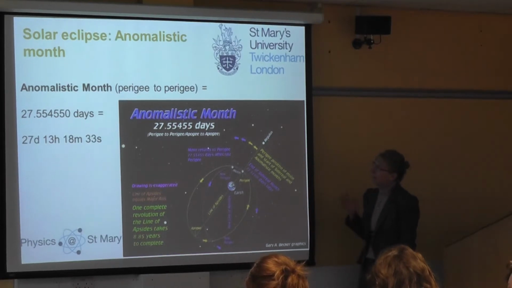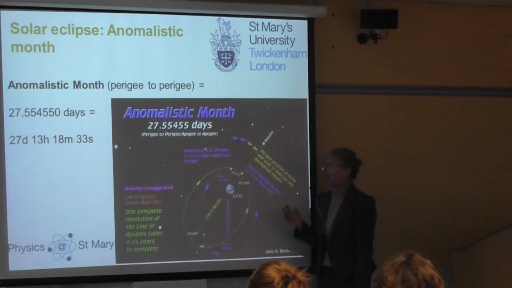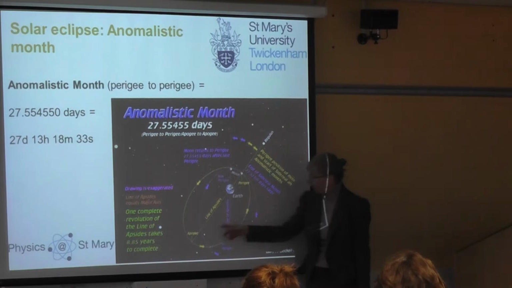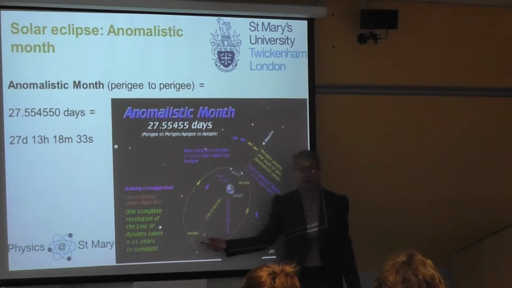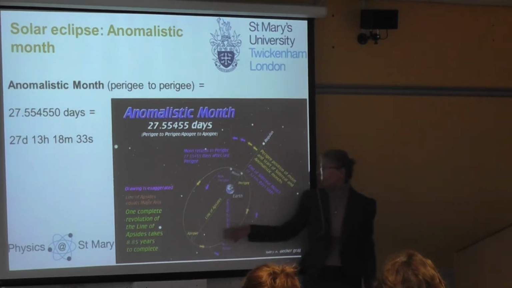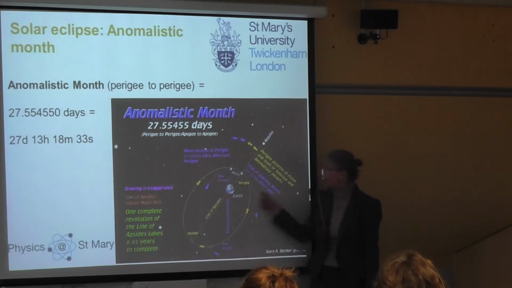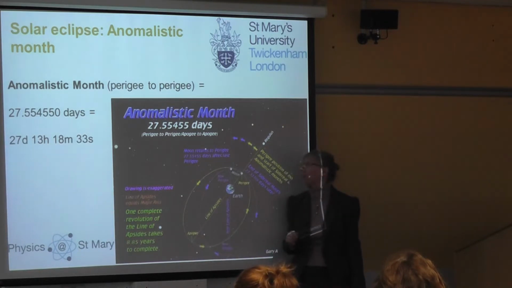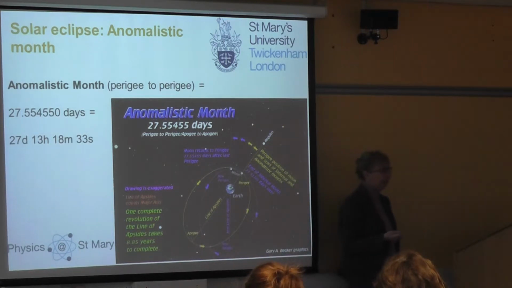The anomalistic month can also be considered from apogee to apogee. The apogee is the greatest distance of the moon from the Earth, and again the moon can go from an apogee to the next one, and this is again an anomalistic month.